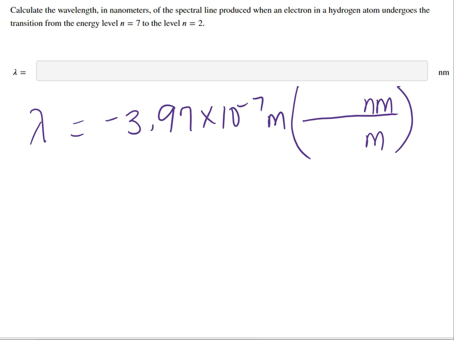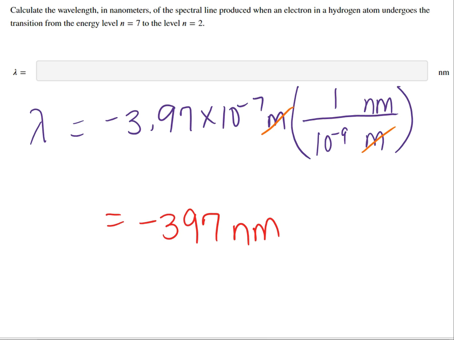That relationship is 1 times 10 to the minus 9. So for every 10 to the minus 9 meters, that represents 1 nanometer. That causes your meters to cancel. That will simply leave you with nanometers. So if you take your answer and divide it by 1 times 10 to the negative 9, you're going to end up with a negative 397 nanometers.